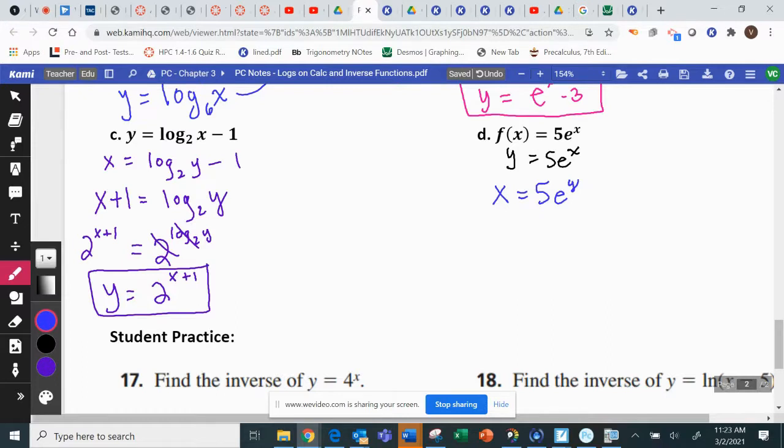Connor, what should I do first? Divide by what? Yeah. Or multiply by 1/5. I feel like it would look better to multiply by 1/5, but divided by 5 is totally fine also.